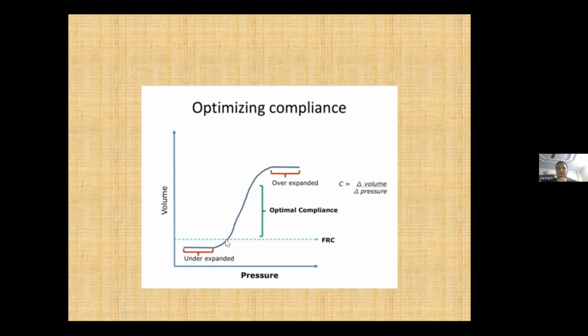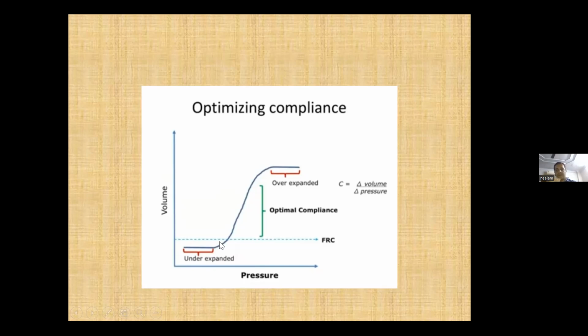On the other hand, if you are ventilating that same child with a pressure of say 22, 24 with a PEEP of 7 or 8, you are again ventilating the child in the zone of overexpansion. The problem in ventilating in these two areas is, as you increase the pressure in the zone of under expansion or over expansion, there is no change in the volume.